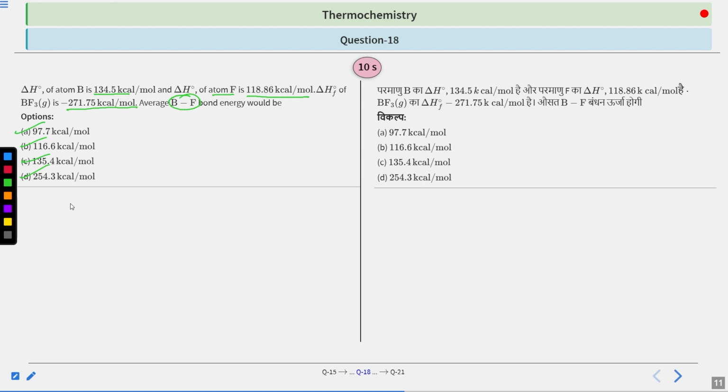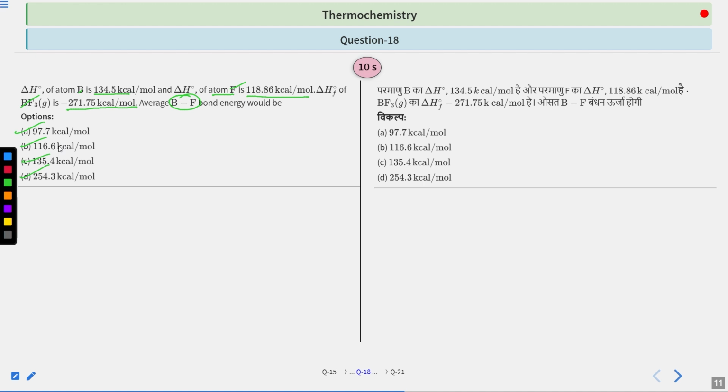So the hint for this question would be that you are given the overall formation of BF3, and delta H naught for B and F are given. So you will write a thermochemical equation that will involve this boron atom, this fluorine atom, and this BF3. Means simple, the formation from the element itself.